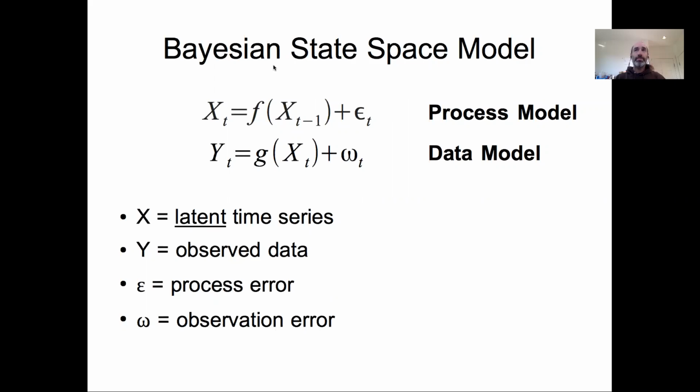But in the Bayesian state space framework, what we're going to do is leverage the same ideas of latent variables that we did in the earlier discussions of linear models to account for observation error. And really, all the state space framework is applying the idea of errors and variables to time series models.